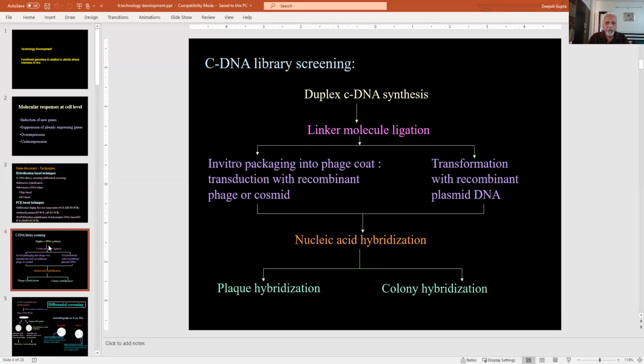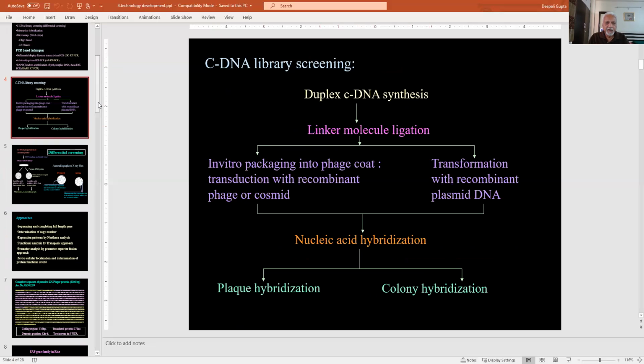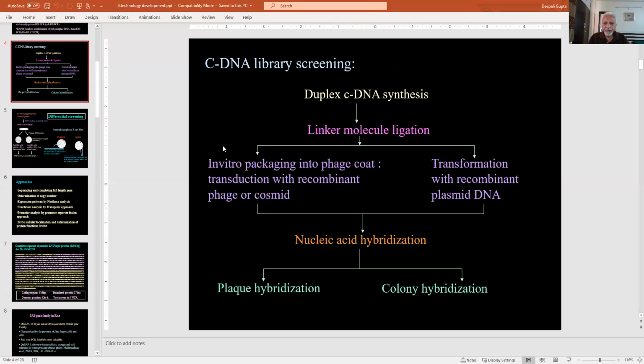What happens in this, we make a library into phages. We isolate RNA. In this case, for example, we prepared RNA from maturing panicles, at the latest stage of seed development.